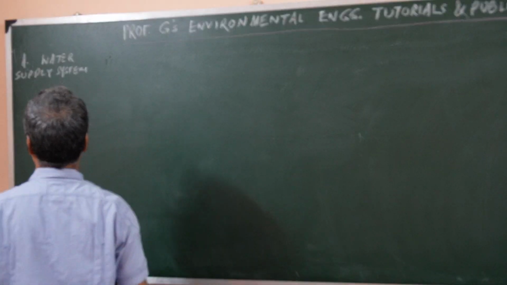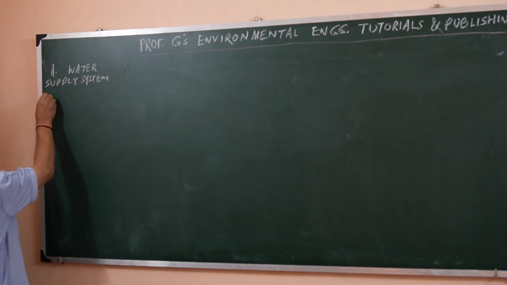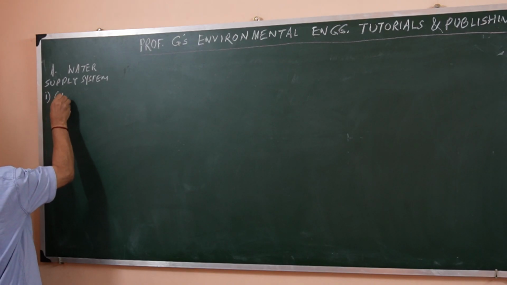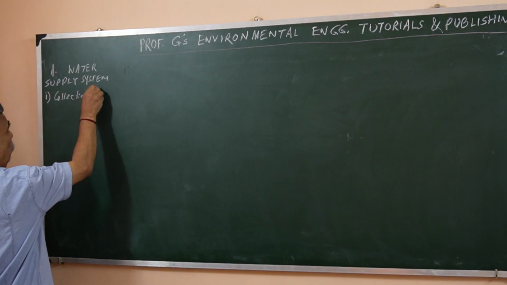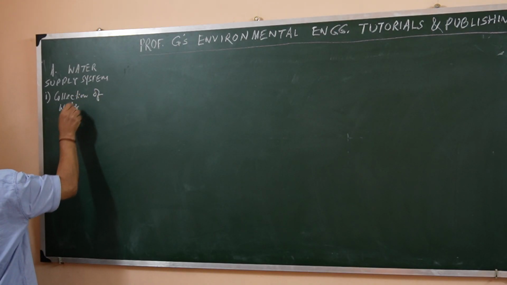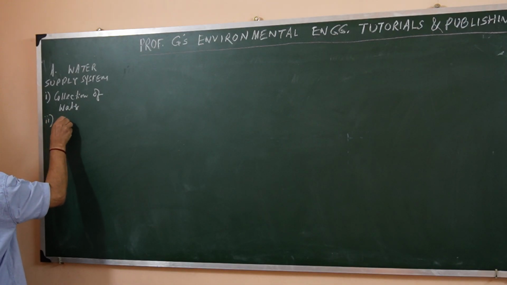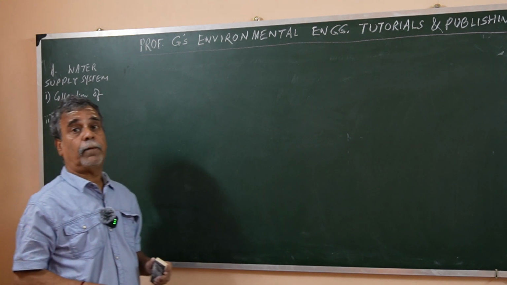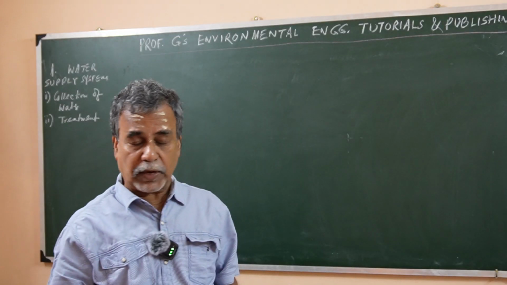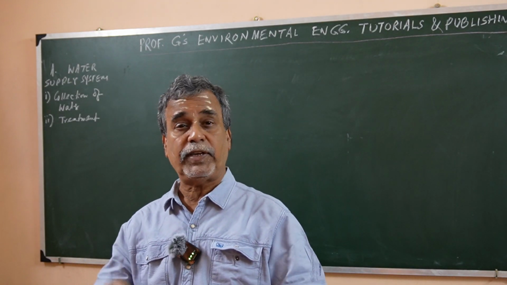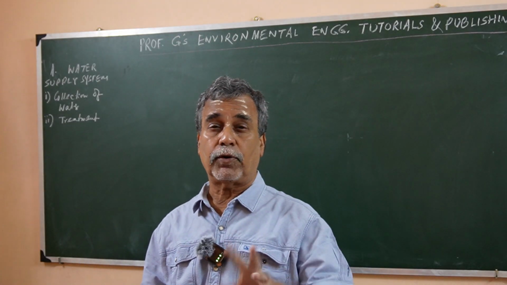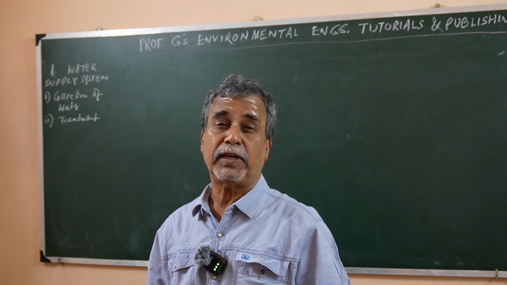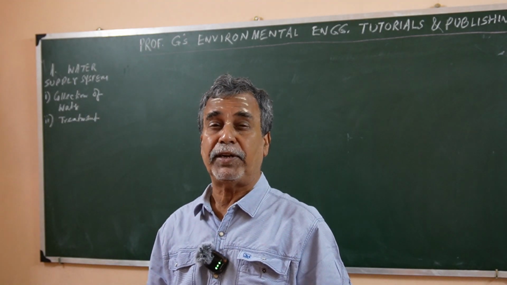In the water supply system, we have three major components: the collection of water, then treatment if necessary. Here I should say that for treatment we will follow the conventional treatment system, not very advanced ones, because those are not used for public water supply systems due to cost factors and the rigorous, skilled operation and maintenance they require.